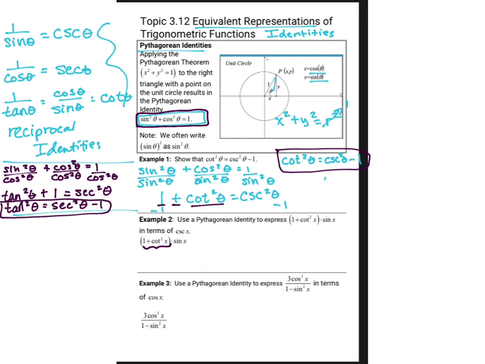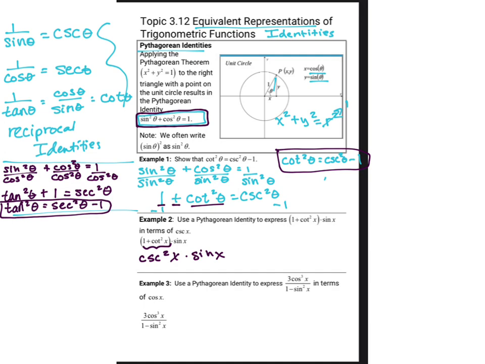Cosecant squared theta. So what if I substitute that in? Cosecant squared x instead of 1 plus cotangent squared x, because now we can see those are equal, times sine x.